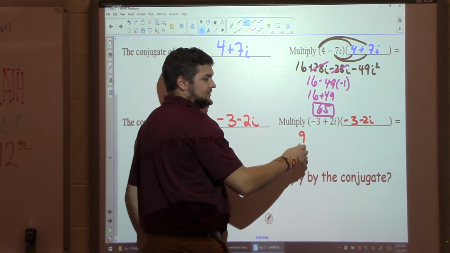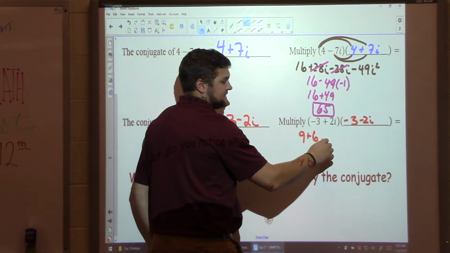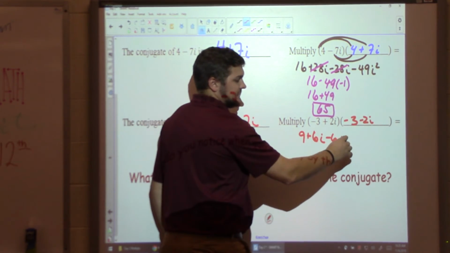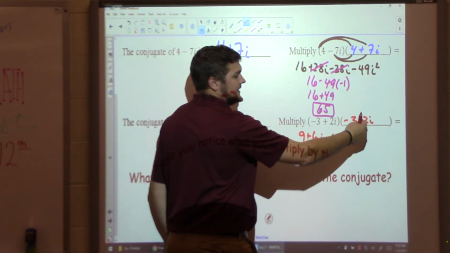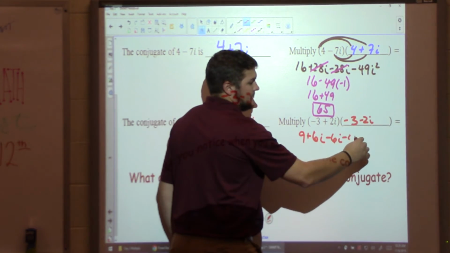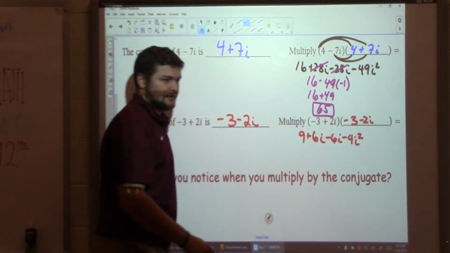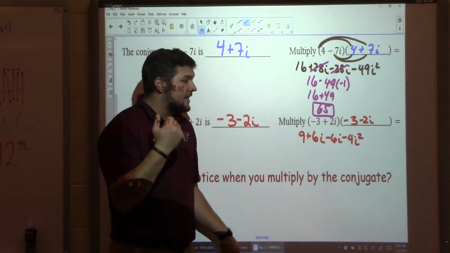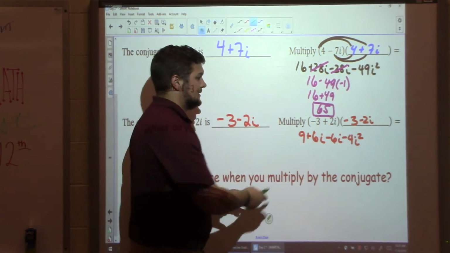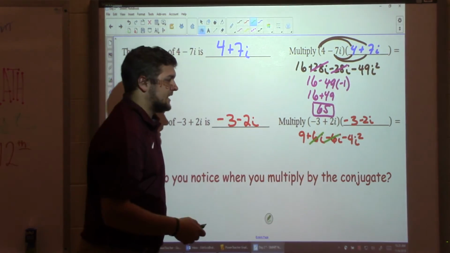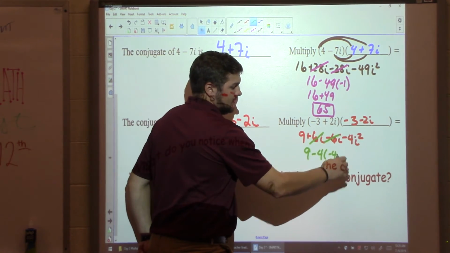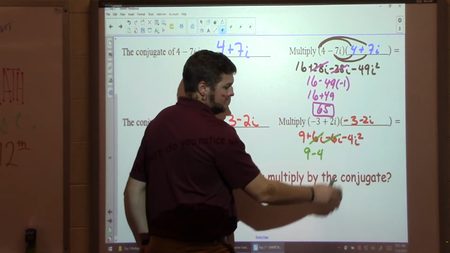Negative 3 times negative 2i is plus 6i. 2i times negative 3 is minus 6i. And 2i times negative 2i is minus 4i squared. Once again, my i's in the middle cancel. Perfect, right? When I multiply by the conjugate, that should happen. 6i minus 6i cancel. I get 9 minus 4 times negative 1.